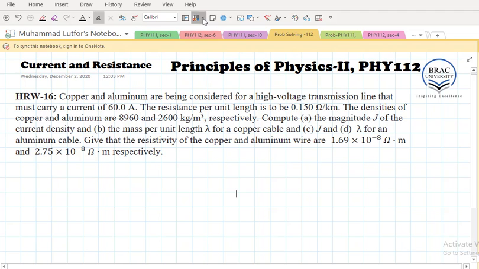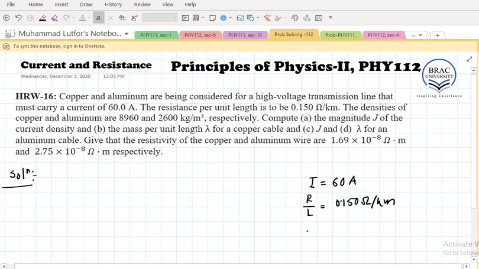First, I'm going to write the parameters of this wire given over here. The current of this wire must be 60 ampere, and the resistance per unit length would be 0.150 ohm per kilometer.